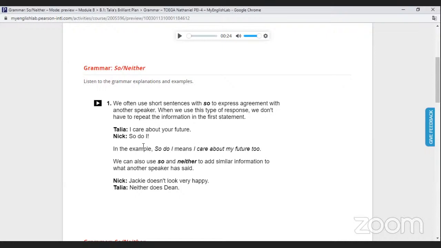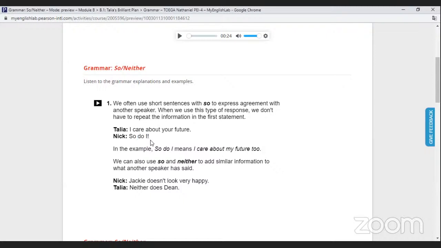So do you know how it functions? Or maybe some structures that you have to follow with this? Well, like with the answer, like so do I. Exactly. It depends on which tense you are talking about. The tense in this case is present, right? That's why we are using the auxiliary that is in present too. And the subject, right?